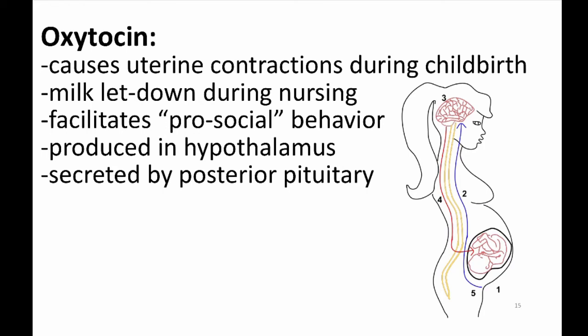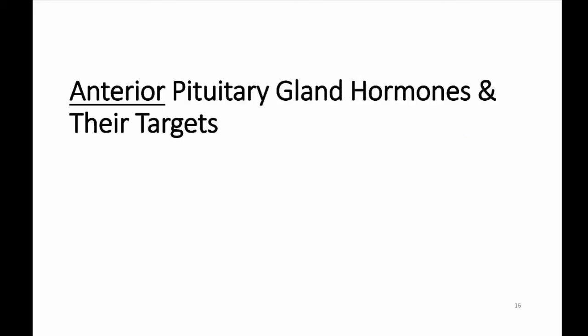That leads to release of oxytocin from the posterior pituitary that was made in the hypothalamus. Oxytocin leads to smooth muscle contraction in the ducts of the breast and ejection of milk. Next, we're going to talk about the hormones of the anterior pituitary gland and their targets.